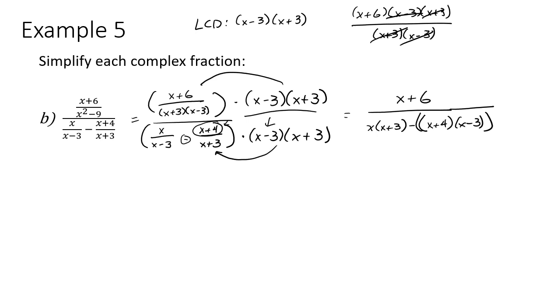From here, it's just about multiplying out and combining like terms. So let's see. We've got x plus 6 over x squared plus 3x minus all of this polynomial, which if we FOIL would give us x squared plus 4x minus 3x, or a positive 1x, and then a 4 times a negative 3 would be a minus 12.